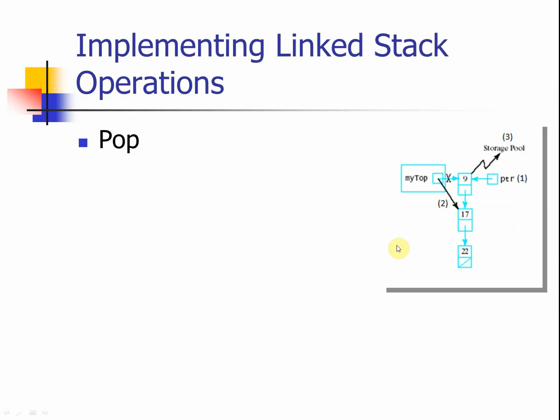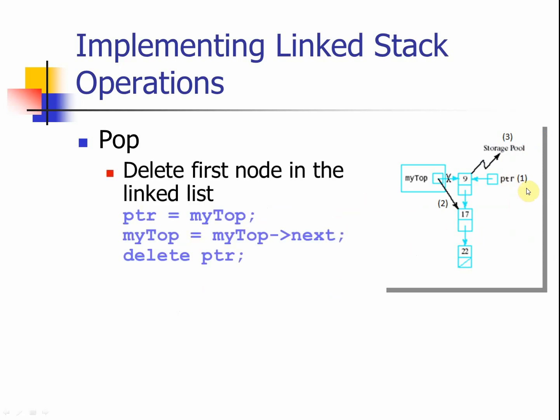For pop, again, it's a simple situation. All we need to do, first of all, is use a ptr indicating the element that I want to delete. So ptr equals top, indicating this is the element that I want to delete. Then change my top to the next item.